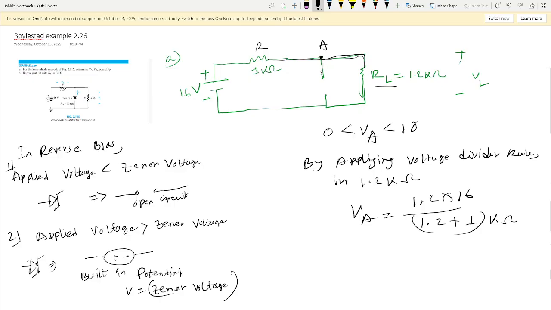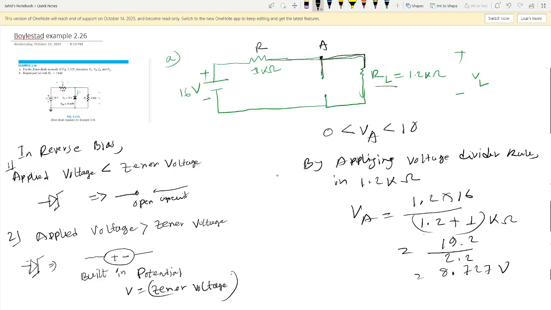This is the voltage divider rule. So we find 19.2 divided by 2.2. So our output VA is 8.727 volt. Here you can find our total voltage is 16 volt.